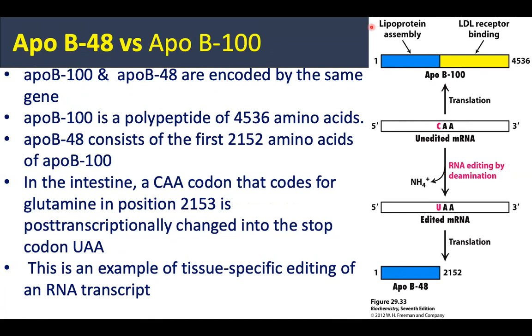So ApoB100 would be bigger. That's just an interesting idea. They just want you to understand that there's one common gene that makes the ApoB protein. And depending on how I do the alternative splicing, and depending on how I decide to translate this, I can either get ApoB48 or ApoB100. So I think they just want you to know it's the same protein. It's just been spliced differently.